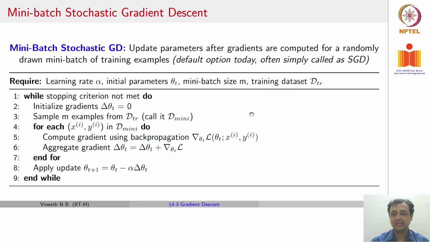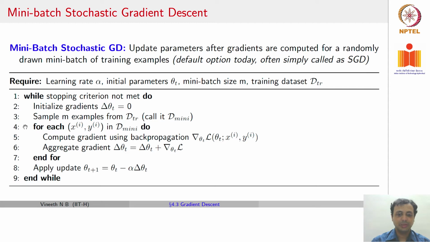Often today when people say they use SGD, they actually mean mini-batch SGD. Remember, mini-batch SGD with batch size 1 is your SGD itself. But typically people use larger batch sizes, 20, 100, and so on, to compute these gradients.